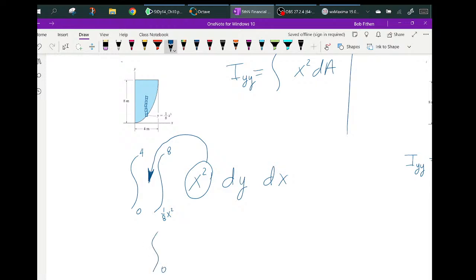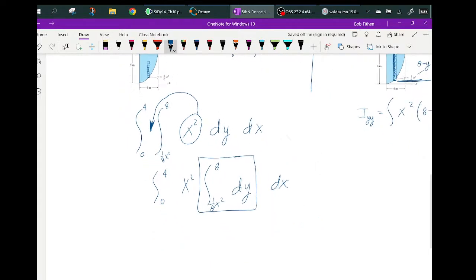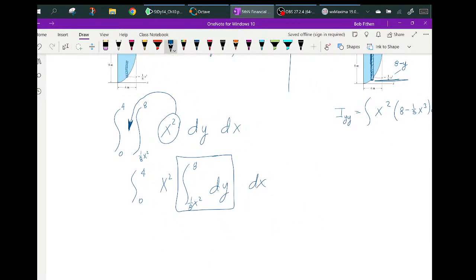And we have x squared, the integral from 1/8 x squared to 8, dy and dx. So inside your box becomes 8 minus 1/8 x squared is inside that box.